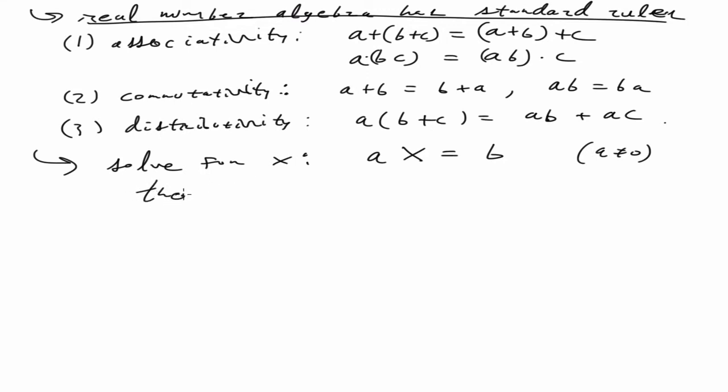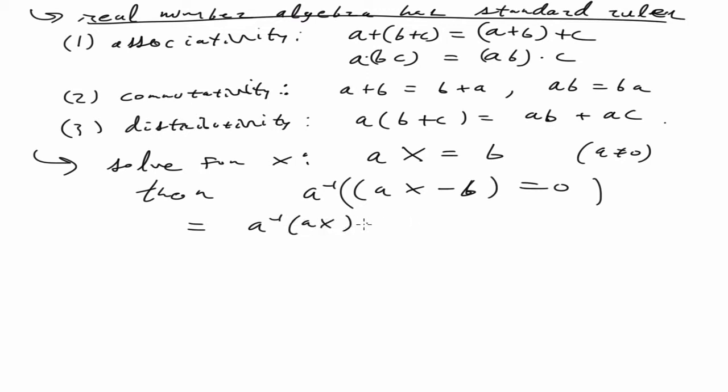then a inverse times ax, and what I can do is actually add the additive inverse of b over. I get 0, and then I can multiply both sides of the equation, and I get a inverse times a times x minus, using the distributive property, a inverse times minus b, and that gets us a 0 over there.